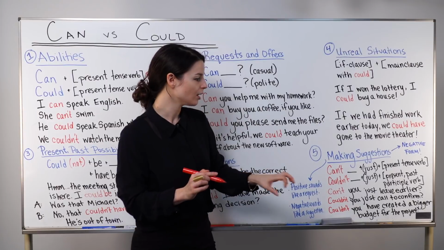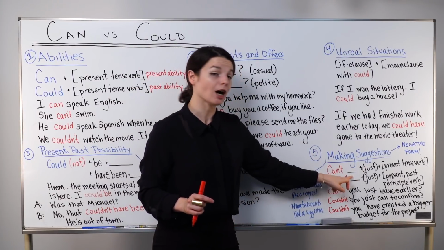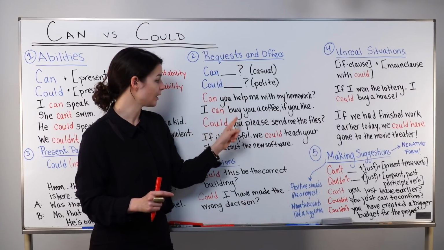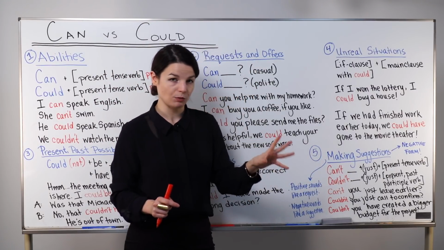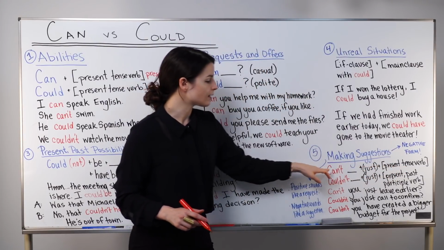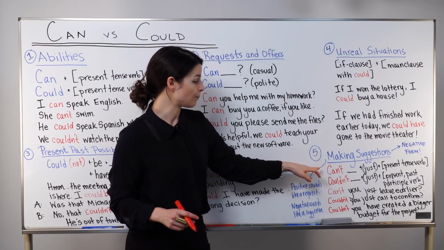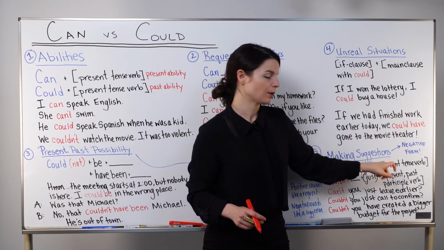Just a small suggestion. So can't you, for example, is very common here, as I talked about in these patterns, but we can use he, she, they, we, and so on. Plus, for present tense suggestions, we use a present tense verb here.